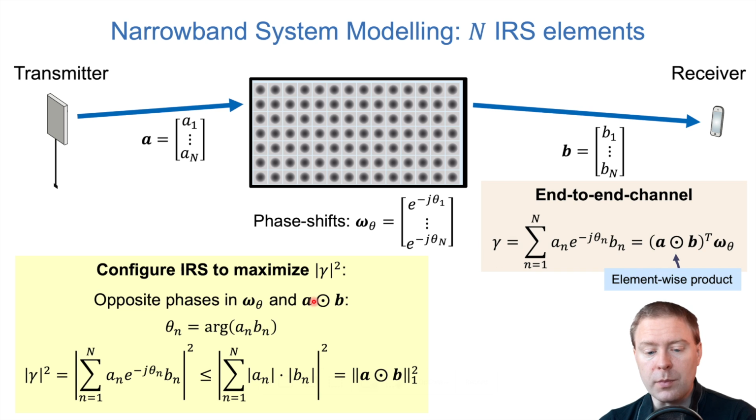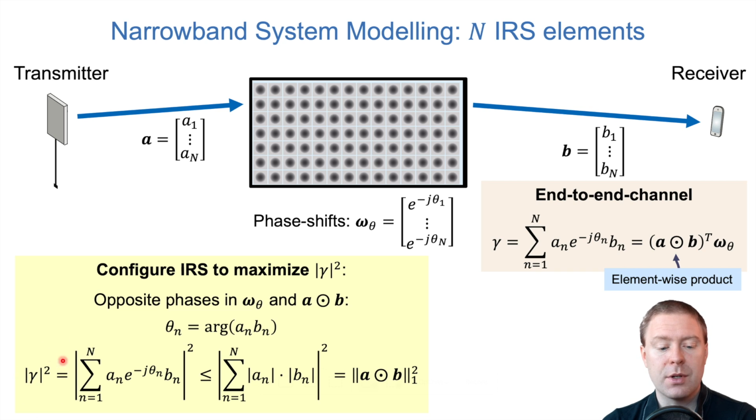So we should make sure that we have phases in A times B and in omega here that are opposite, so they are cancelling out each other. So if we take for element n, which has a phase, which is the argument of an times bn, and we assign that as theta n, and then since we have a minus sign here, they will cancel out each other. So all of these terms here will generate a positive real value number.